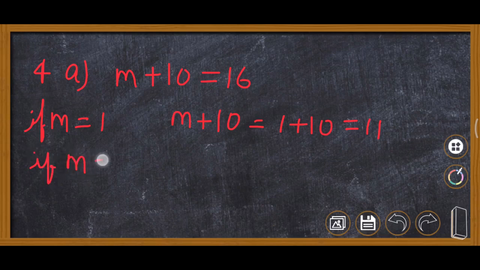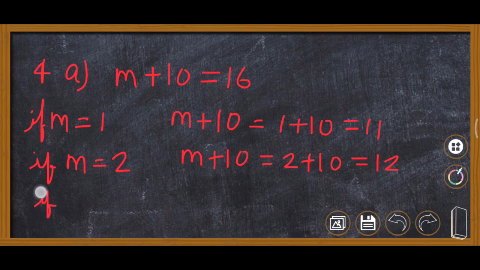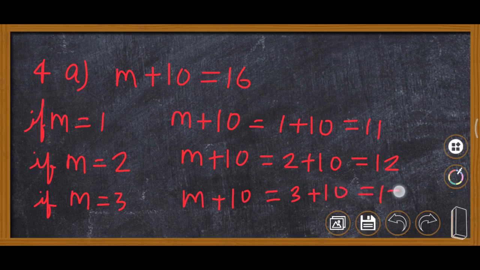If m is equal to 2, then m plus 10 is 2 plus 10, which is 12. If m equals 3, then m plus 10 is 3 plus 10, which is 13.